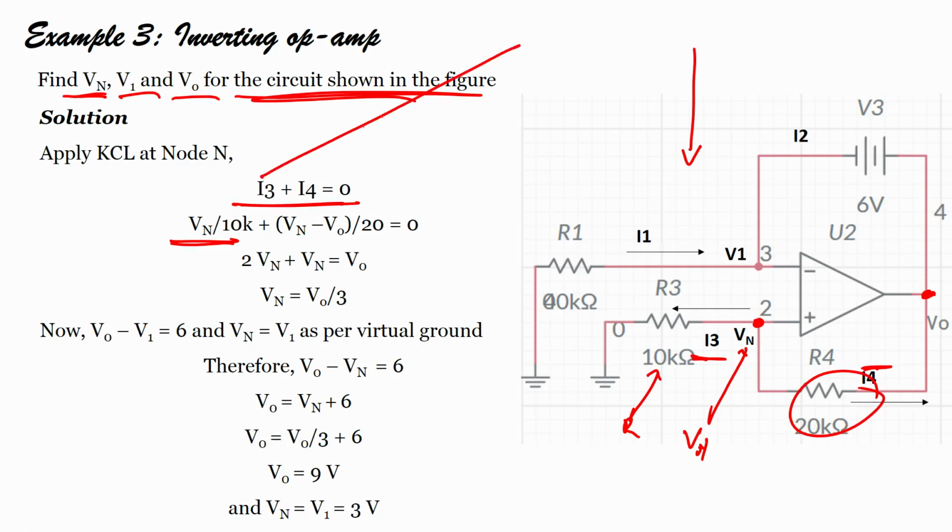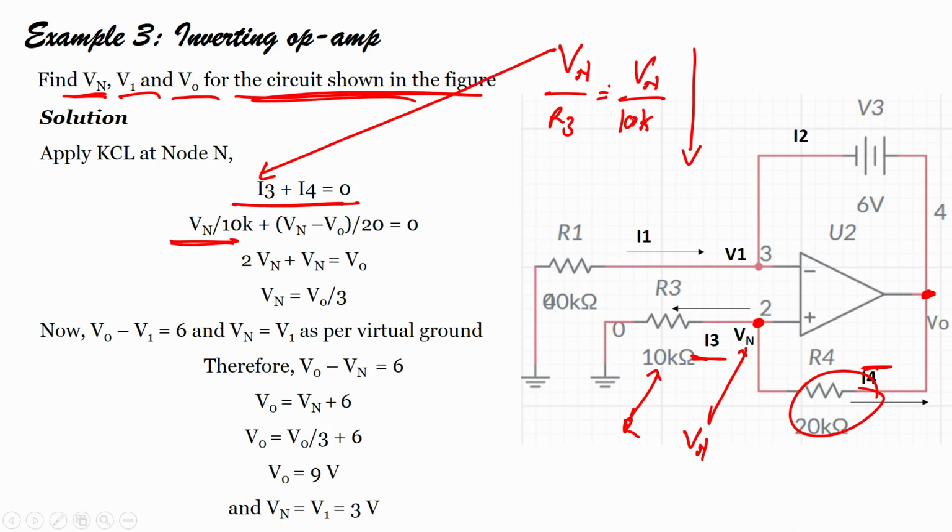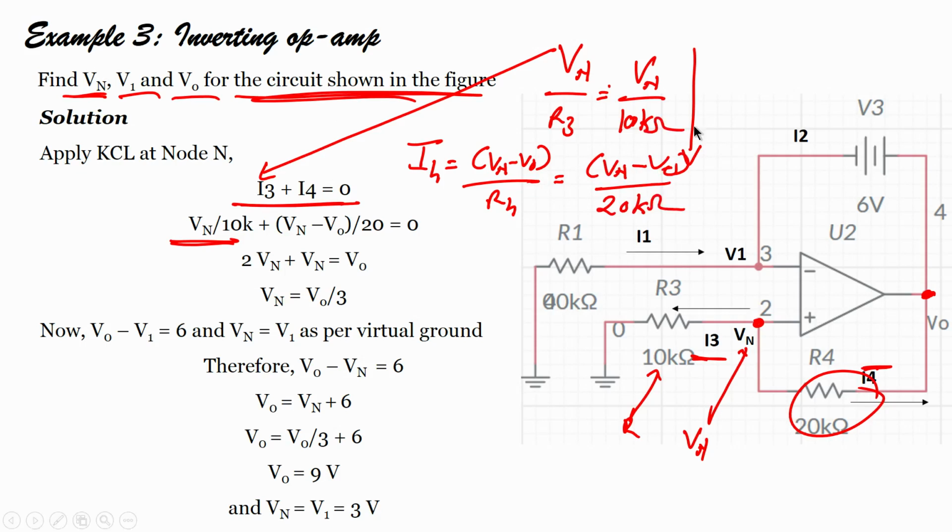So, I3 would be Vn by R3, which is Vn by 10 kilo ohm, and I4 equals Vn minus Vo divided by R4, which is 20 kilo ohms.